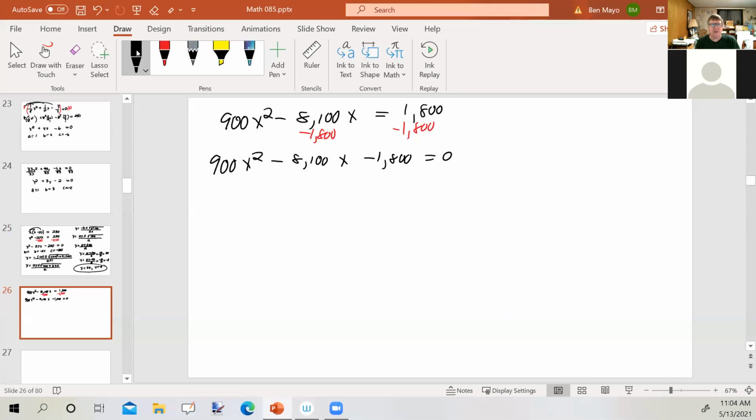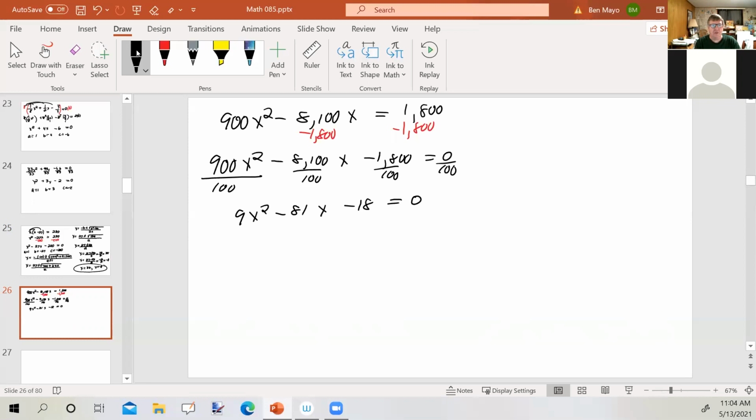Can you see that each of those terms I could divide by 100? So let's do that, and I'd get 9x squared minus 81x minus 18 equals 0.